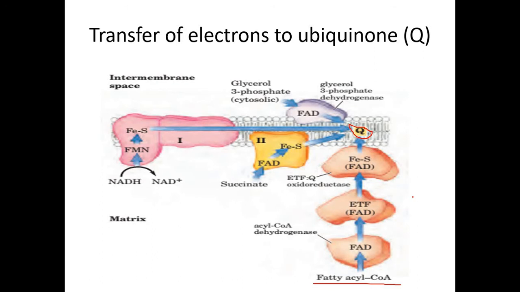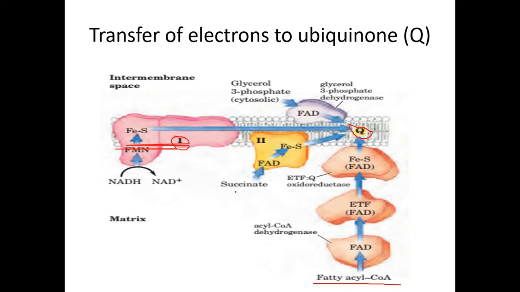NADH brings electrons, and this is complex 1. Complex 1 takes the electrons from NADH, which gets oxidized to NAD plus, and then the electrons are transferred to complex 1. Then complex 1 transfers the electrons to the ubiquinone.